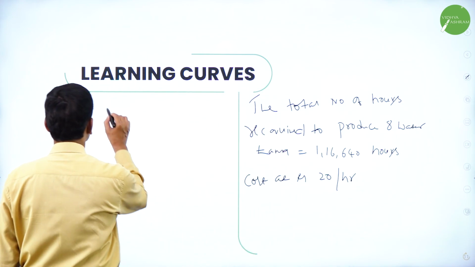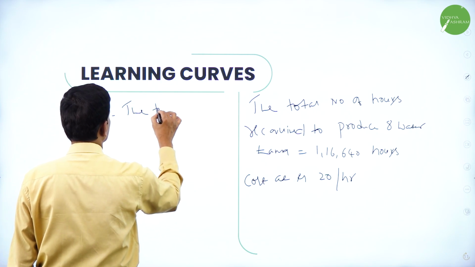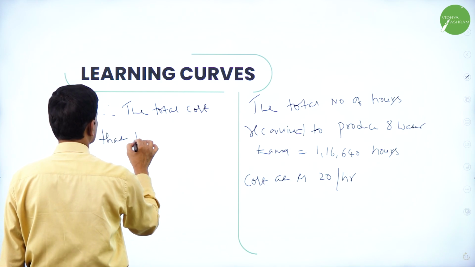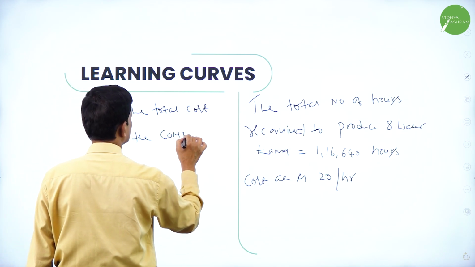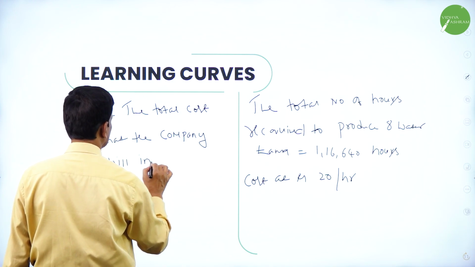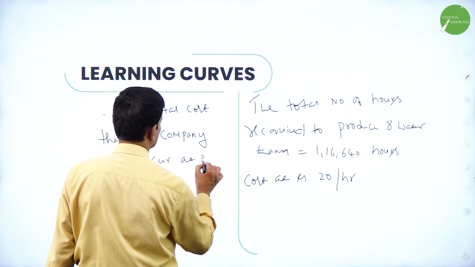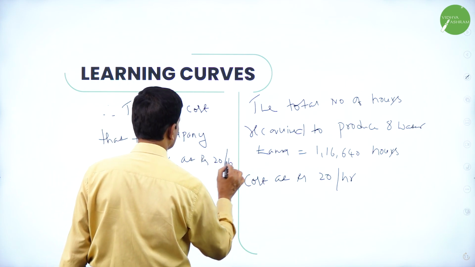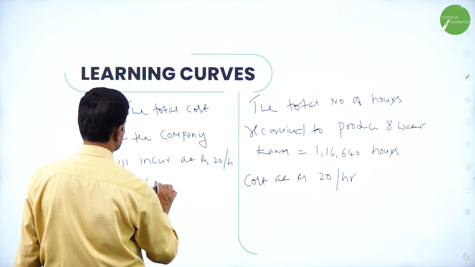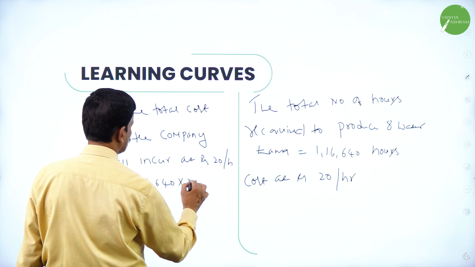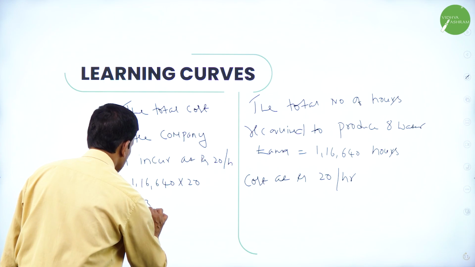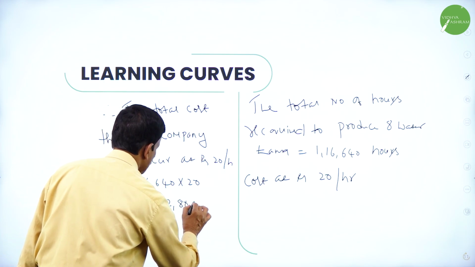So therefore, the total cost that the company will incur at rupees 20 per hour is equal to 1,16,640 into 20, that's equal to 23,32,800.